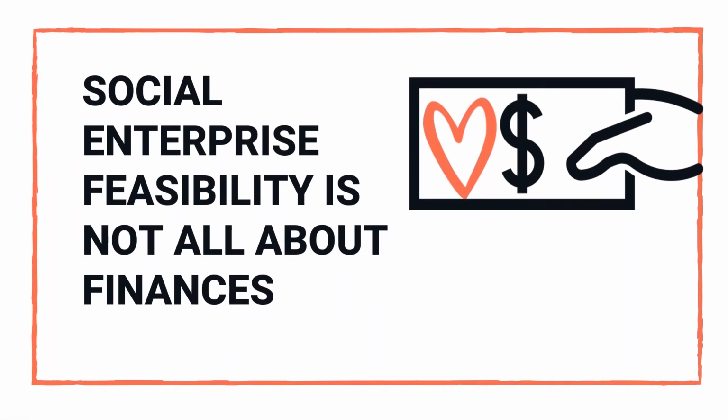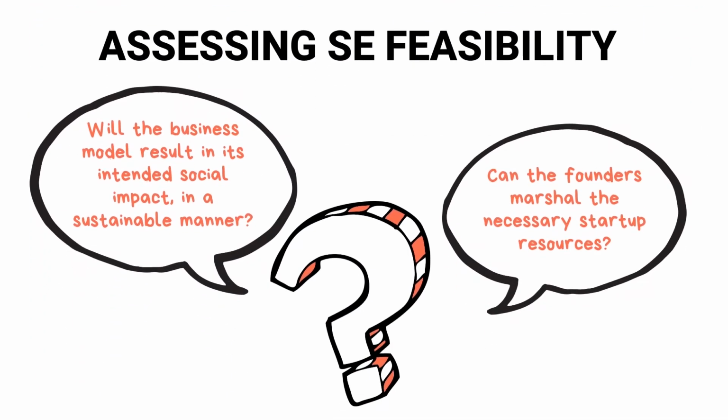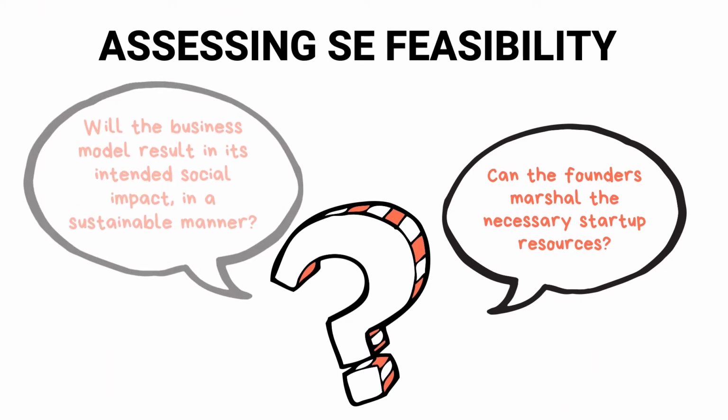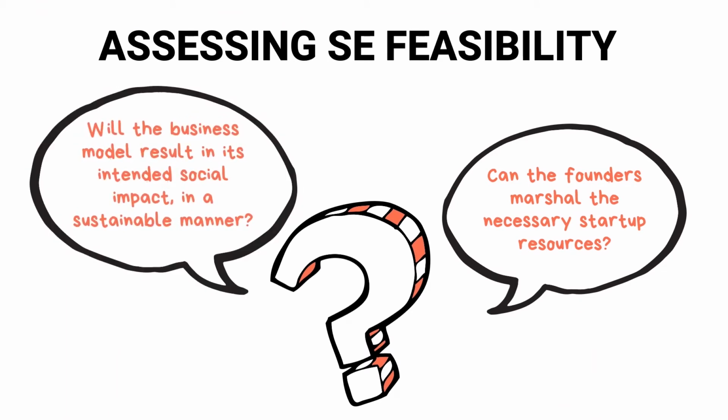Unpacking a social enterprise idea allows us to make an initial assessment of its likely feasibility, remembering that feasibility for a social enterprise is not about will this idea make me money, which is a key question for commercial entrepreneurs. For social enterprise, the feasibility questions include: is this social enterprise idea likely to achieve its intended social impact in a financially sustainable way?